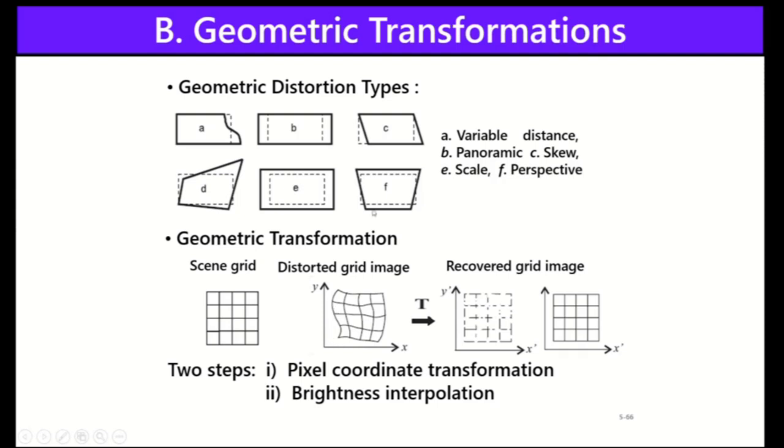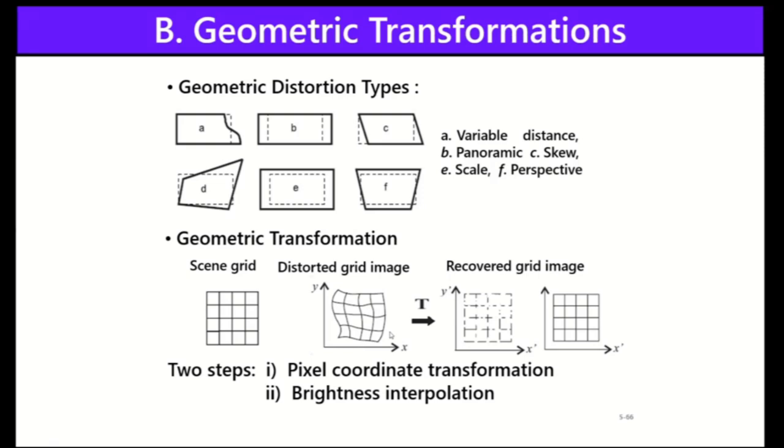Geometrical transformation will allow us to recover that image into the grid. Various types of geometric distortions are there, like panoramic distortion, skew, stretch, or perspective type of distortion.